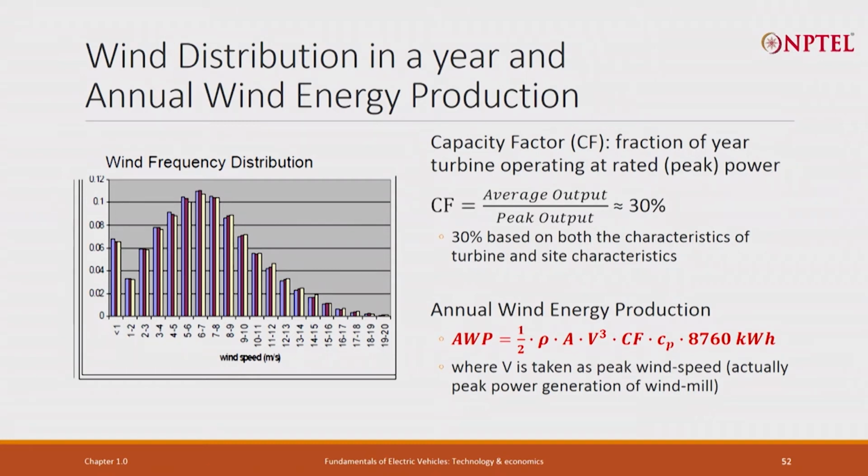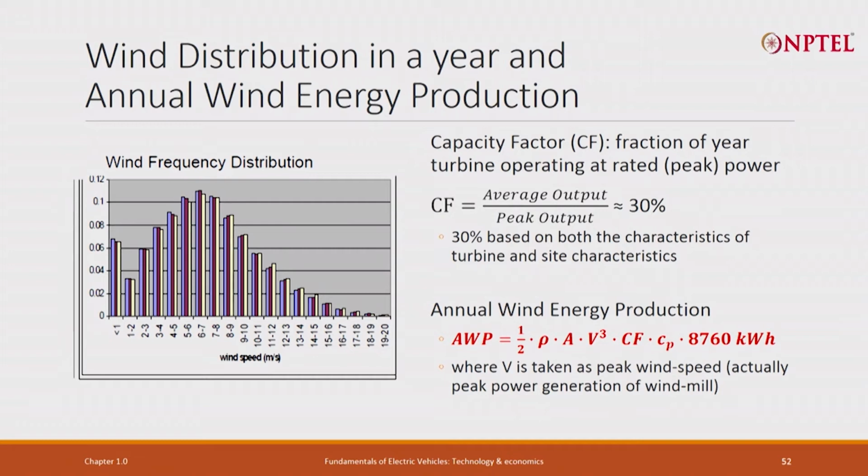So, annual wind production will be half into rho, where rho is the air density, multiplied by the area swept, multiplied by V cube, the velocity at which you are operating. You can take the peak velocity multiplied by the capacity factor, that is what you will get in a year, multiplied by the coefficient of efficiency, multiplied by 8760.